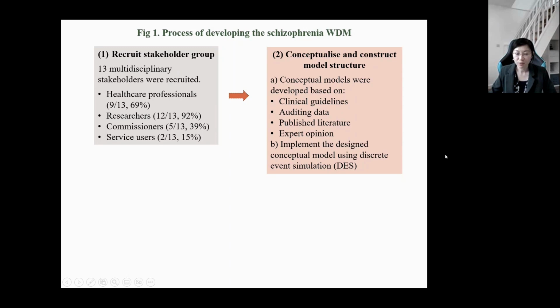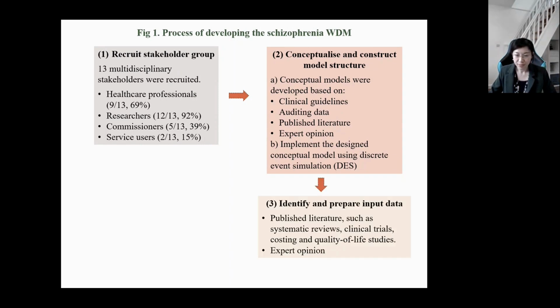The conceptual models were developed based on clinical guidelines, auditing data, published literature, and expert opinion. Then I implemented the designed conceptual model using a modeling method called discrete event simulation, abbreviated as DES. So basically, DES is an individual patient level model, which allows us to capture patient heterogeneity.